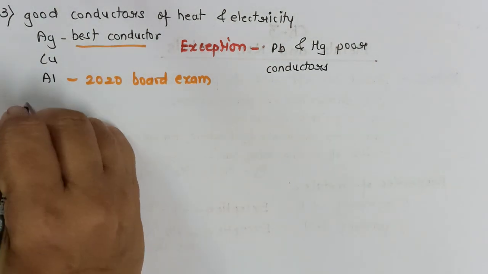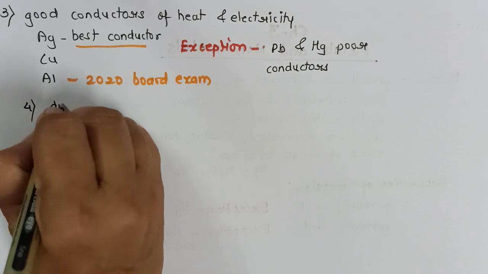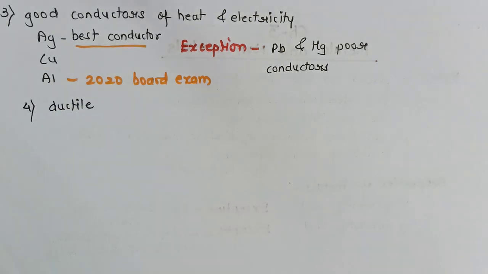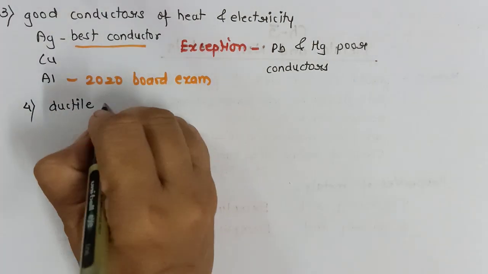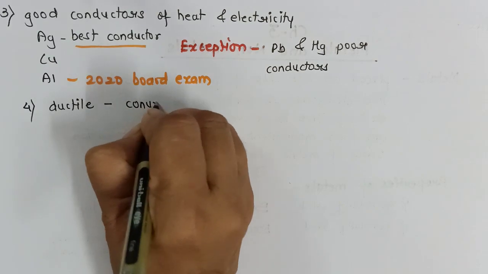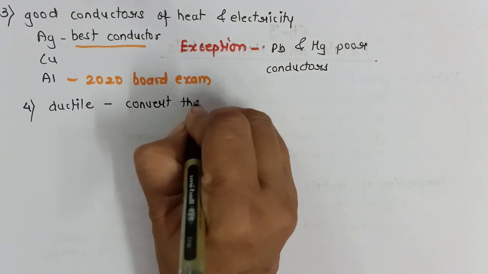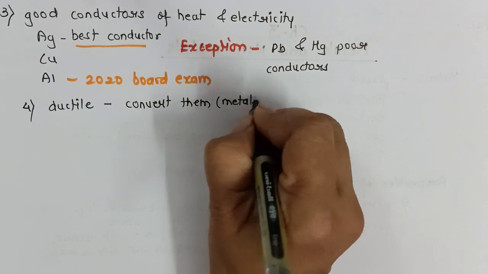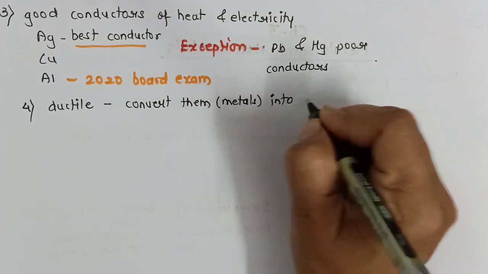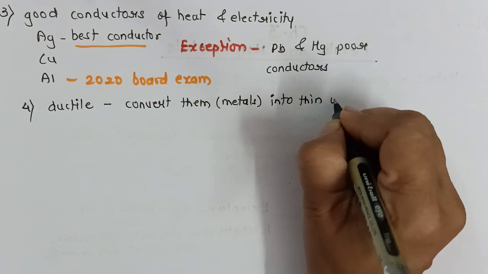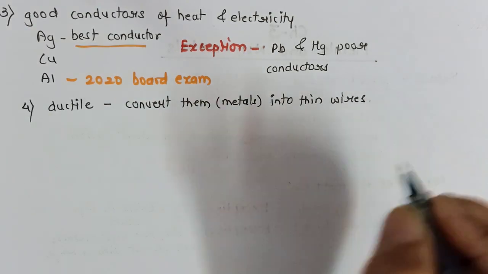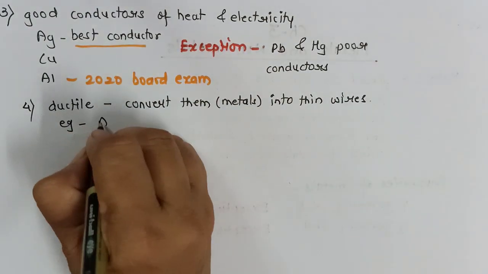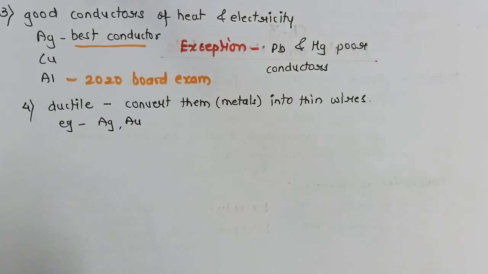Moving on to the next one. Metals are ductile in nature. That means we can convert them into thin wires. Examples: silver, gold. These are the most ductile metals.